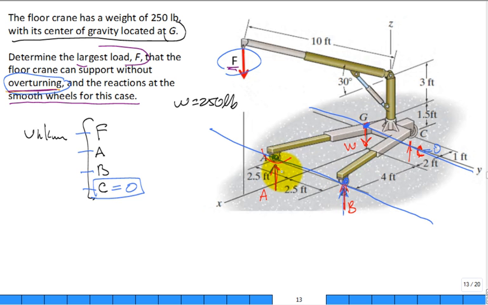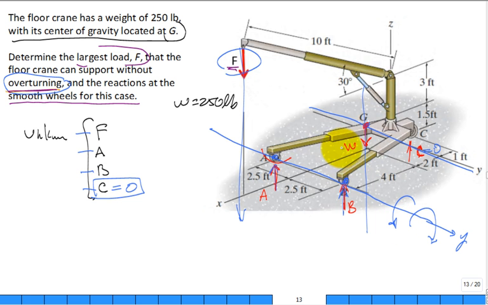How much moment do they generate around that line? 0. And so the only thing that generates a moment is the weight wanting to rotate in the negative sense. This is the positive direction of that y-axis translated over underneath wheels A and B. And then the force F makes it want to rotate in the positive sense.